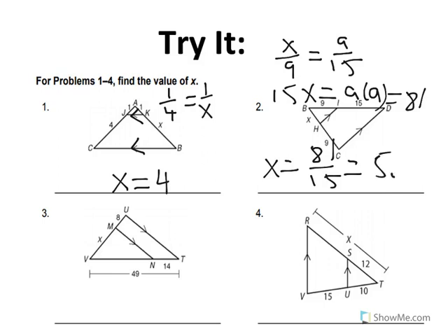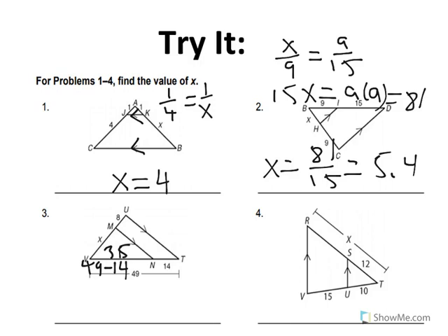And then from there, use your calculator to reduce that to 5.4. Okay, so here, we're given that VT is 14. To solve for VN, we're going to take 49 minus 14. So VN is 35. And from there we can use our proportion.